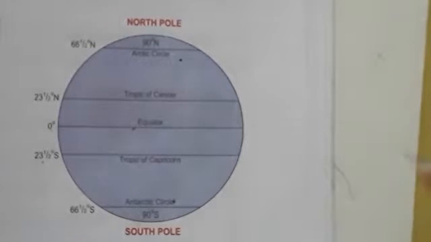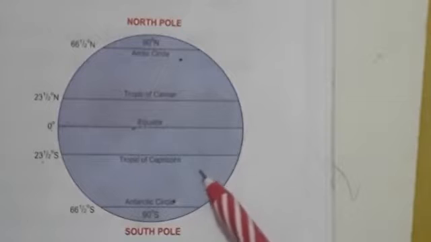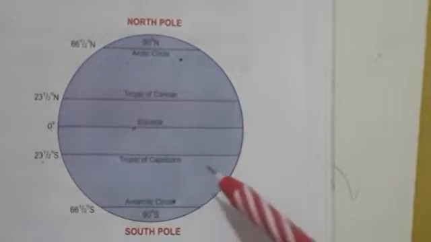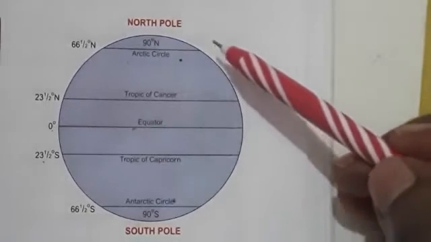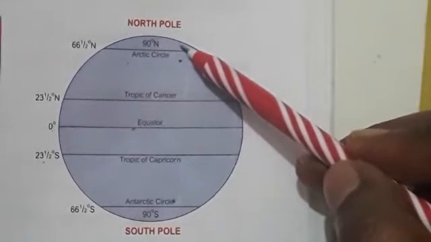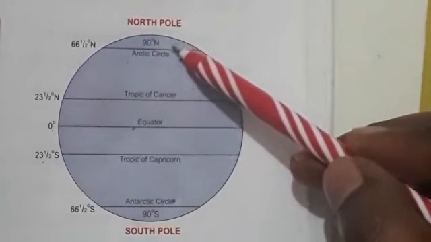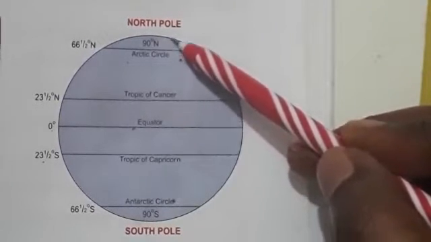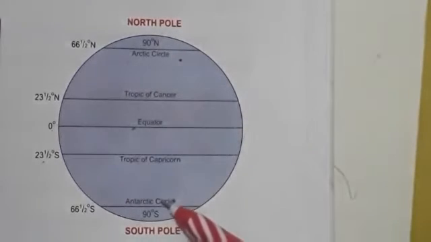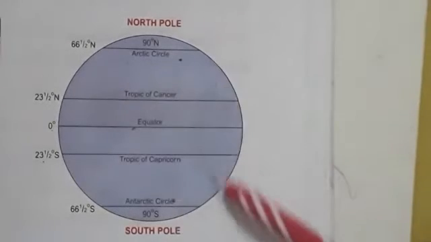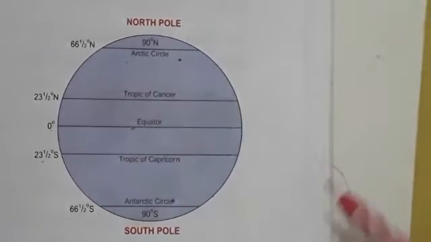That is, it will not be too cold as well as too hot. It is moderate. Okay, and the place from the Arctic Circle towards north and Antarctic Circle towards south, as it is very near to the poles, here the climatic region will be very cold. How will the climate be? It will be very chill.